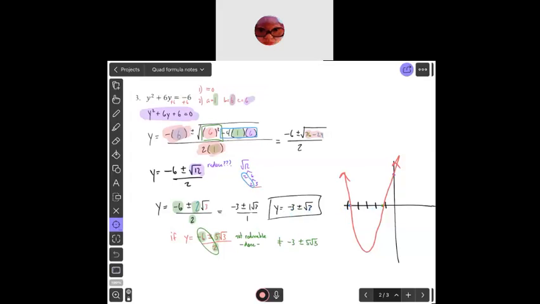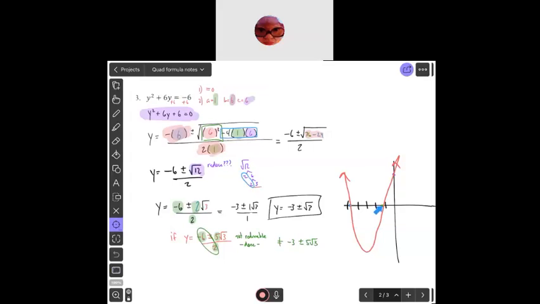A little confused how it's in the negative part of the graph. We'll have to do it over here. Yeah. So I have negative 3 plus the square root of 3, which is about 1.7. Okay, so negative 3 plus 1.7 is negative 1.3. So that's why I put it there.